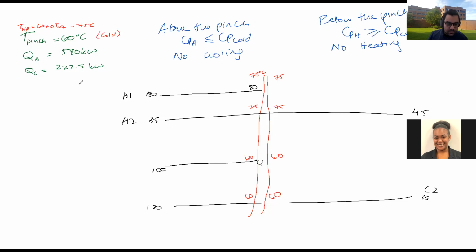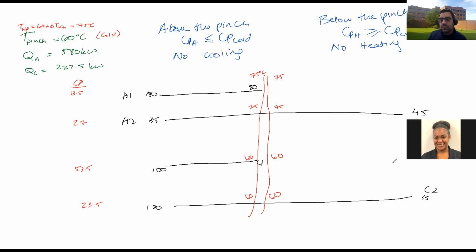So I'm going to write the CP. This is 13.5 for H2, it's 27. For C1, it's 53.5. For C2, it's 23.5. Okay, so I listed my CPs.